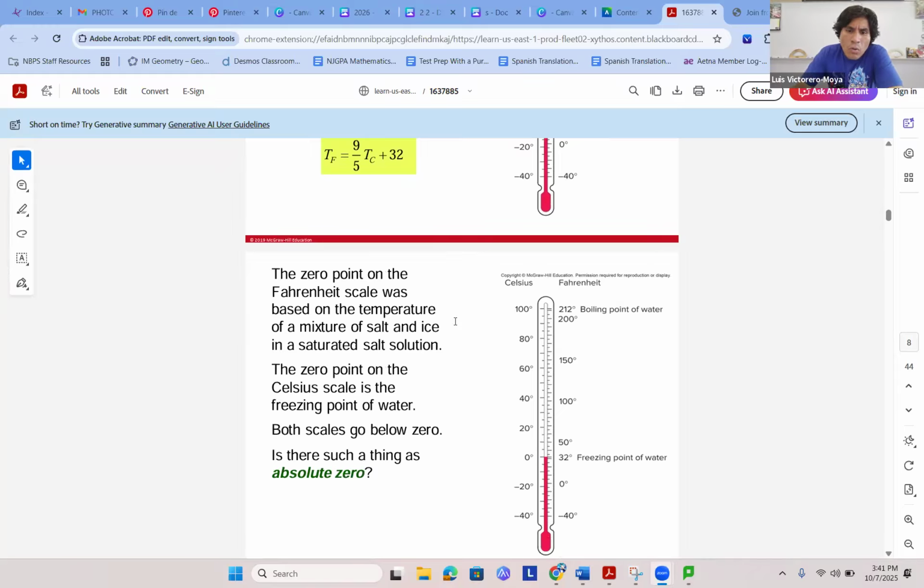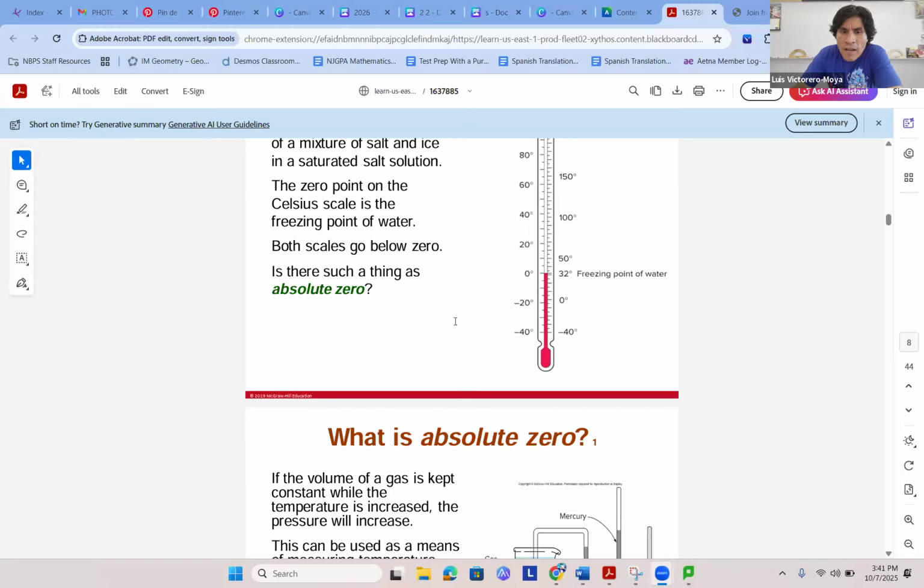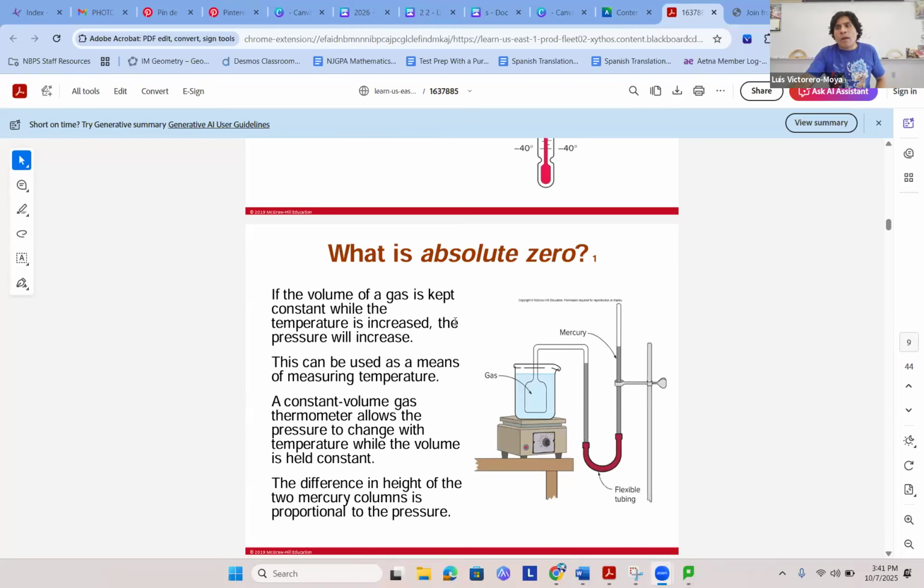Now, when we want to introduce the idea of the absolute zero, which is not the 0 Celsius or 0 Fahrenheit. The absolute zero is a value where every molecular motion or atomic motion stops. And that's actually something that is not easy to achieve, right?